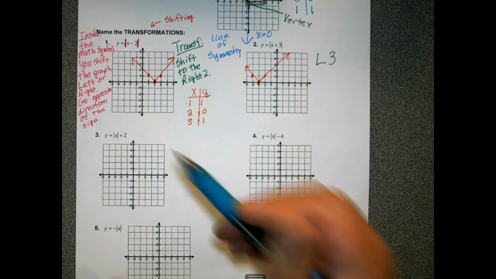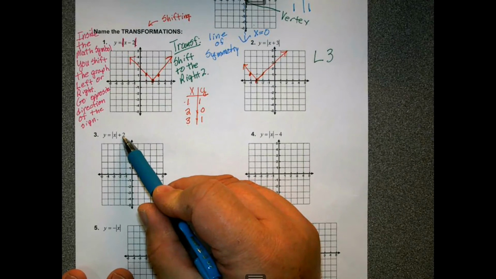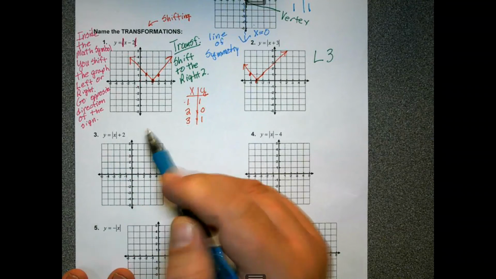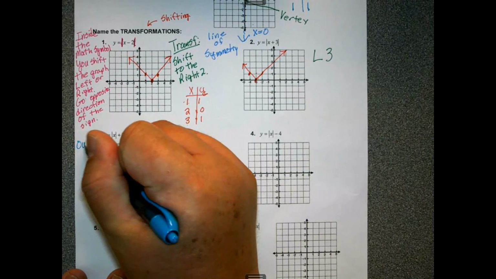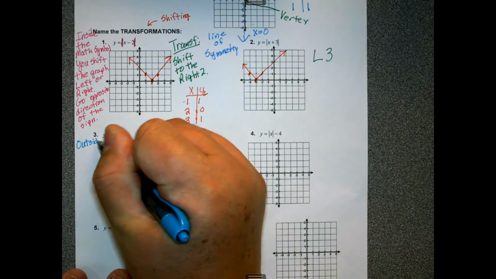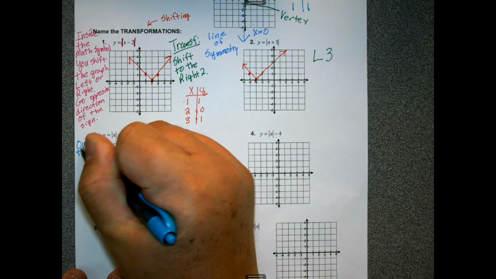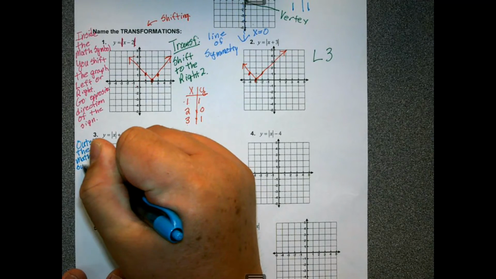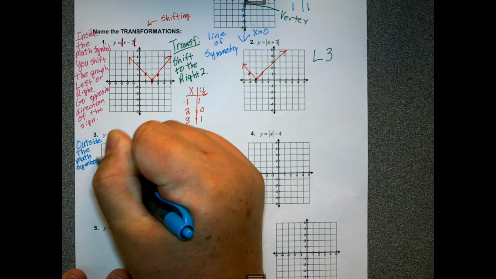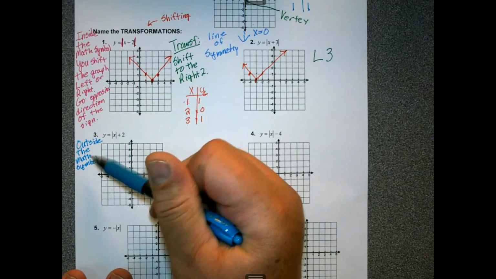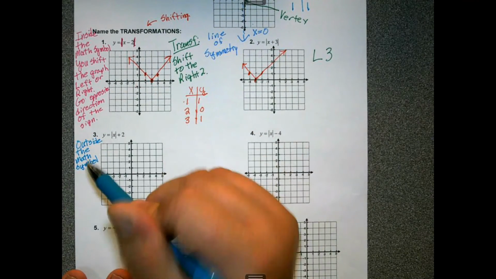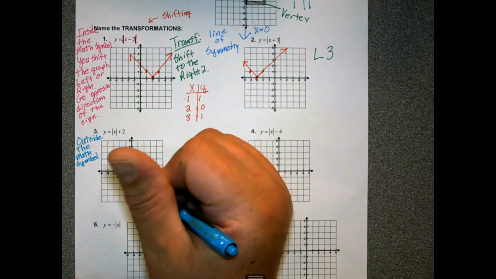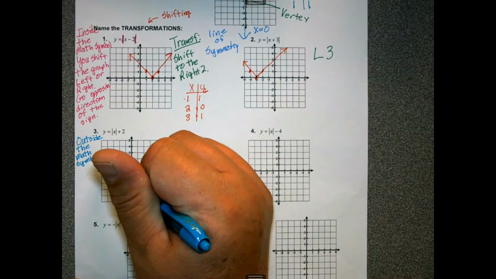Notice that the 2 this time, it's a plus 2, is outside my math symbol. So outside the math symbol, and you'll know what I mean by math symbol, whether it's an exponent or parentheses or whatever for the different functions.